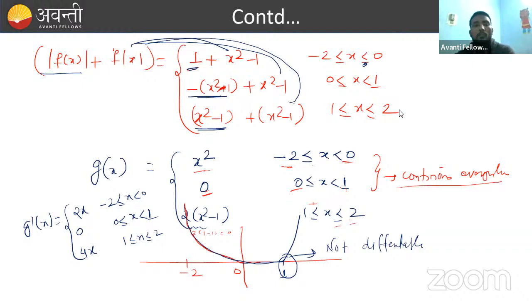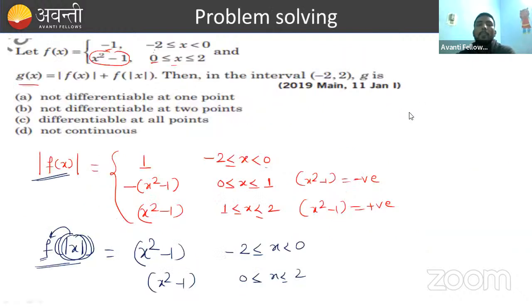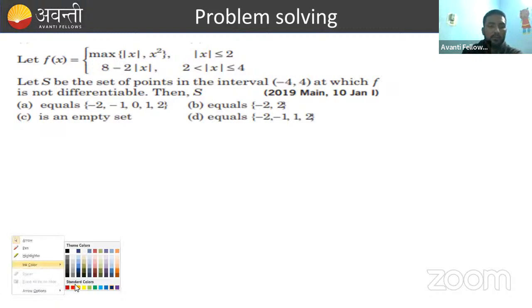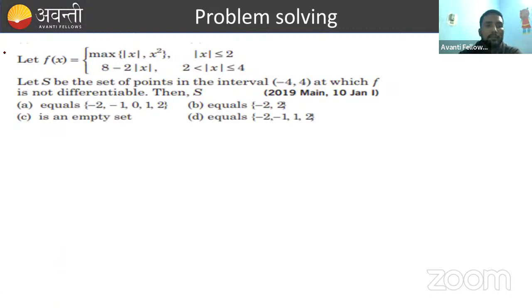Okay, so now like this question also we can solve. I hope this kind of question we have already seen in the previous classes, right? If maximum is written in the question, then you don't have to solve this by the traditional method, you just have to draw the graph.